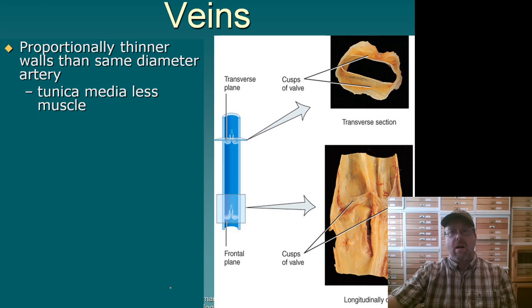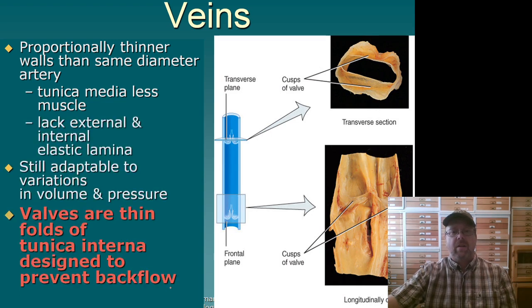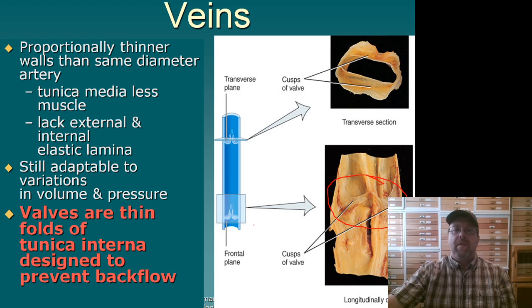All right, so here are the veins and the valves. You can see over here, this is a cadaver vein, and you can see the valve. They look like little semilunar valves, and they allow blood to move in only one direction. So if the blood is trying to backtrack, it gets stopped at these valves.